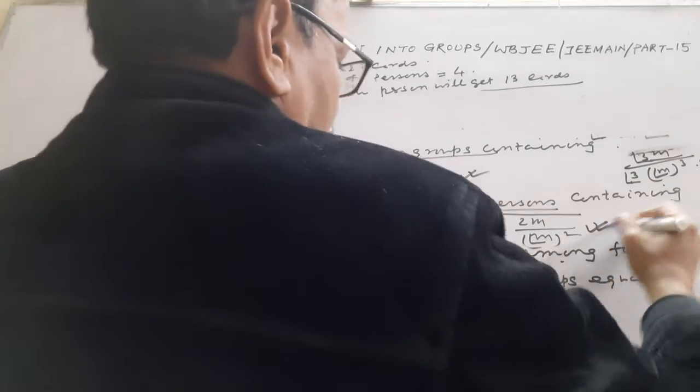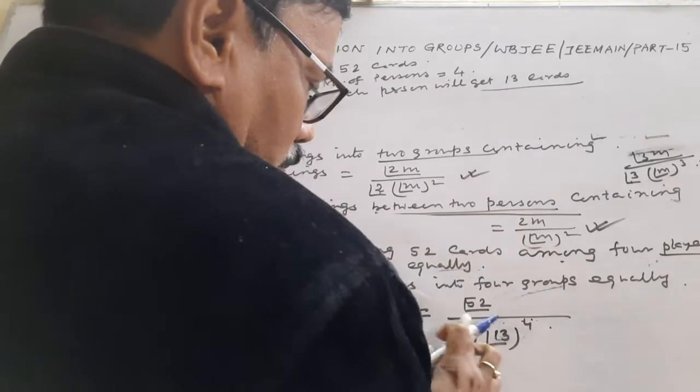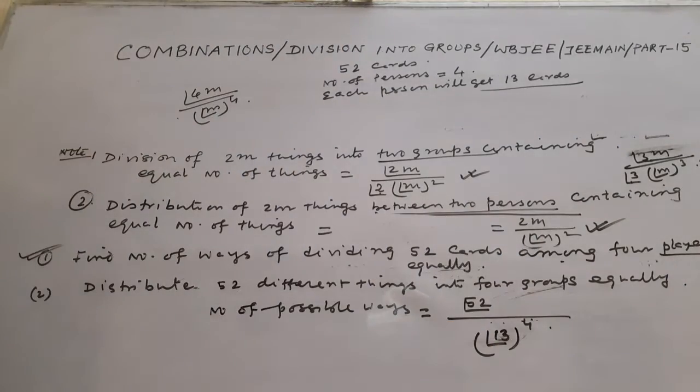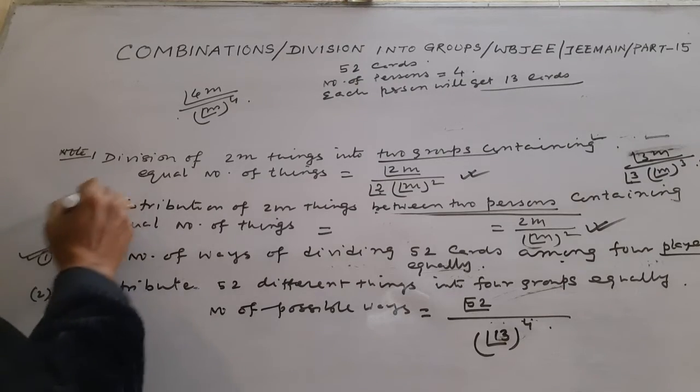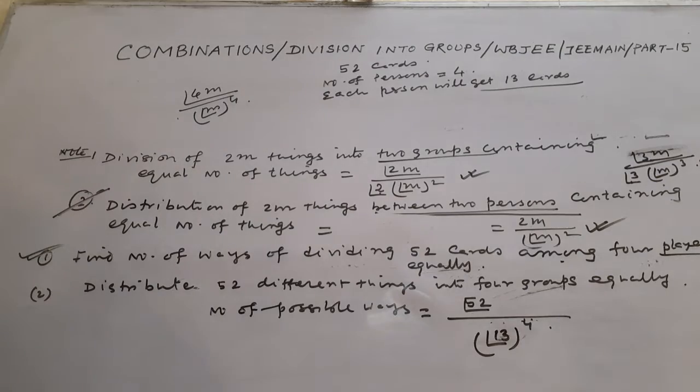So from this formula, the distribution of 2m things into 2 persons, here 4, so factorial 52 by factorial 13 whole to the power 4. So look at note 2. Here only division will be in 4 parts.